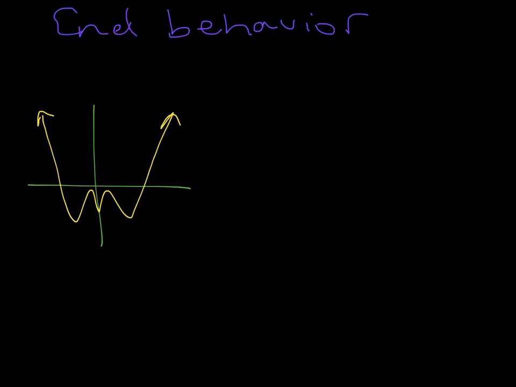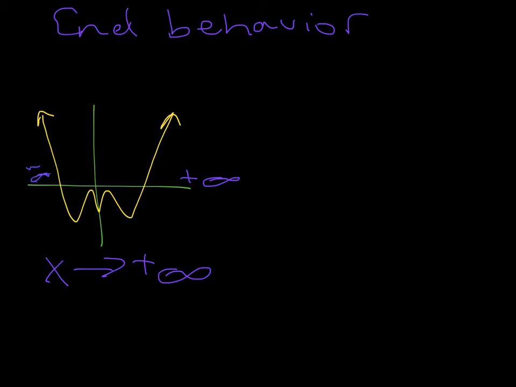This is some new notation for us. What we say is, as x approaches positive infinity. So where is that? As x gets increasingly large, this is positive infinity on this end, and this is negative infinity way out here.